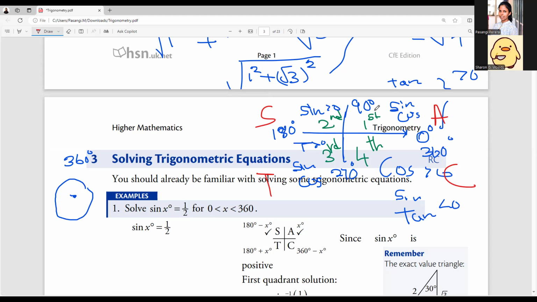First draw this one as well. Put the third topic as solving trigonometric equations.